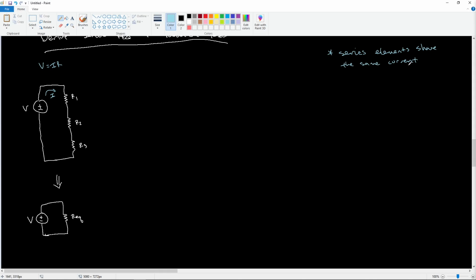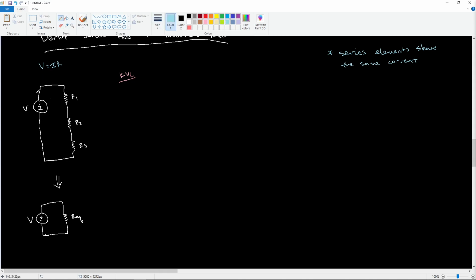Okay, so what we want to do, let's flex our use of KVL that we learned last time. So let's label all of these resistors. Let me actually erase this I right here, it's going to be harder to see.